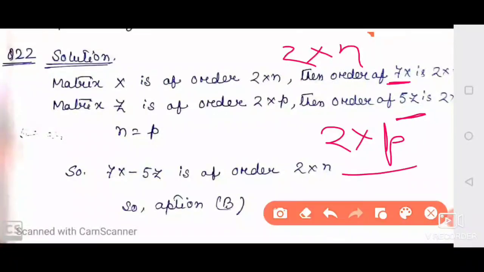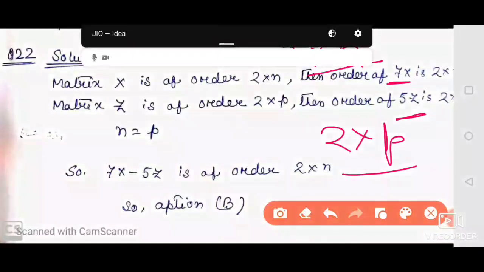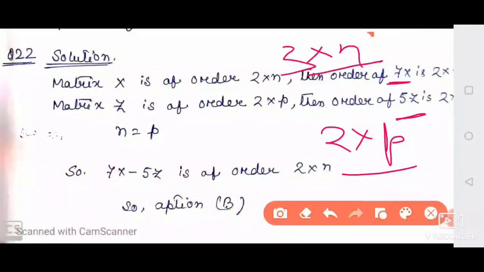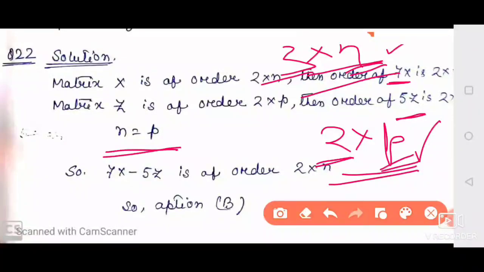From these two, the number of rows are already same, which is 2 for both the cases. Since these two things are equal, n must be equal to p, then only these two things will be equal. So n is equal to p. So our answer is option B, which is the order of 7X minus 5Z.